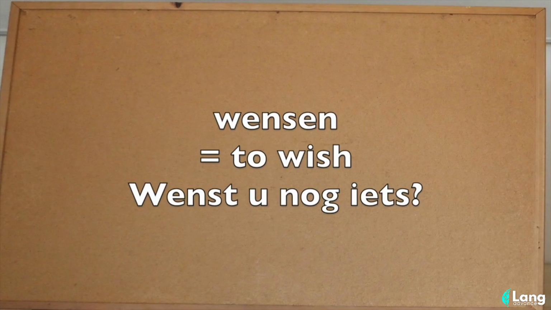Wensen is to wish or to desire, and it's also used by persons serving customers. If you wish something else, it's a little softer than in English, so you can use it if you're serving a client. Wenst u nog iets? Do you wish something else?